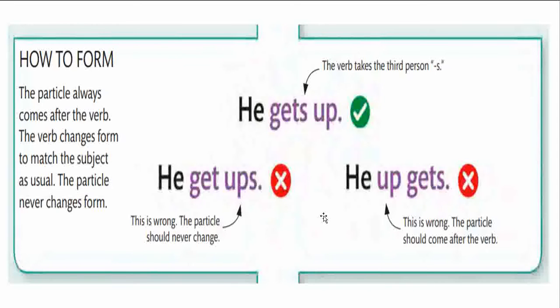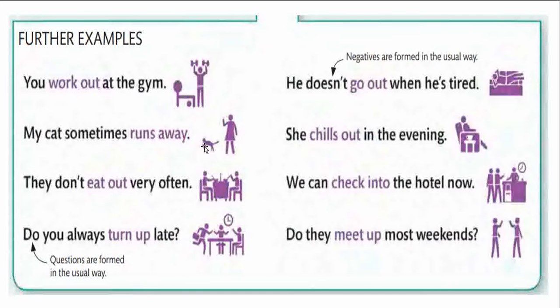So this construction is completely wrong. He up gets, now interchanging the place. This is completely wrong and should be avoided. I hope the construction and the usage is understood. He gets up. Only the first verb will have an s or drop an s based on the subject.